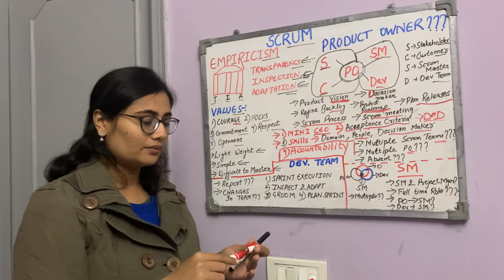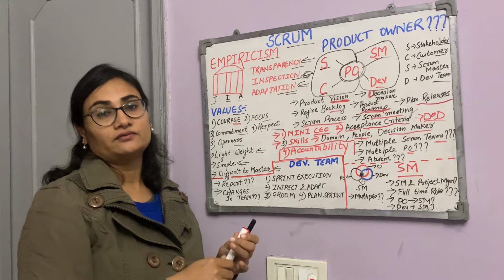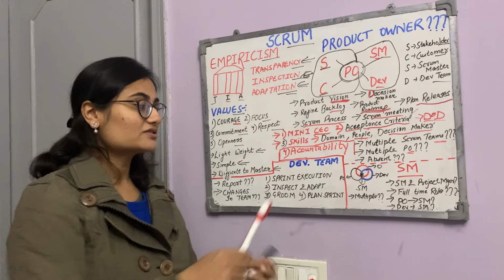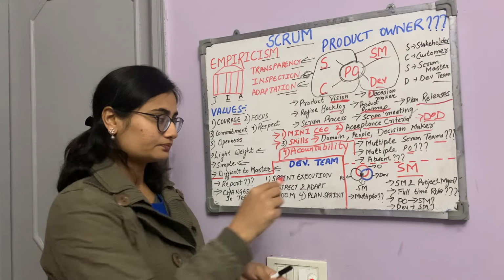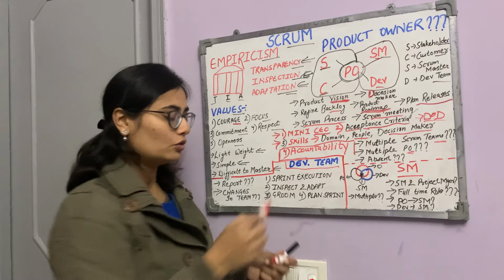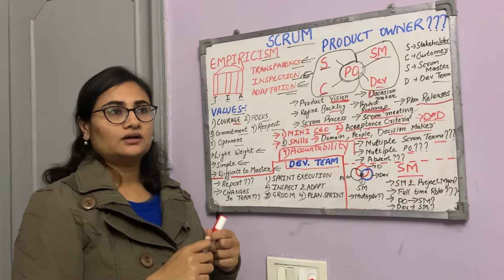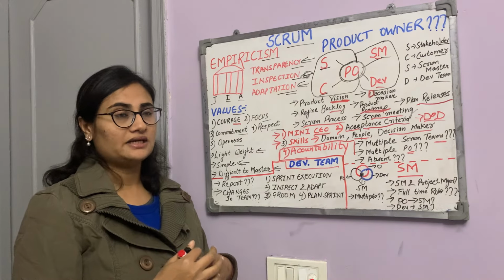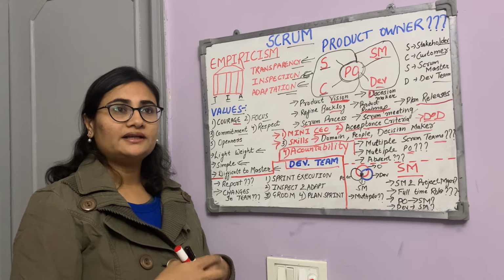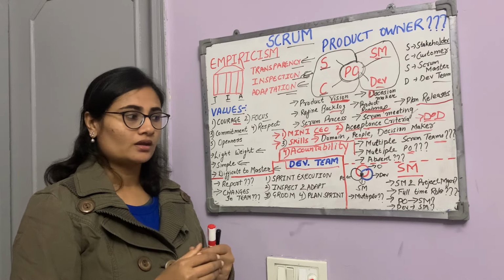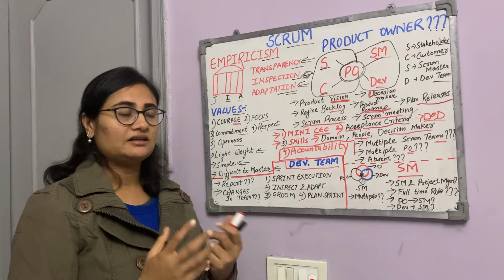Then the second important role which we have in a Scrum is of development team. So firstly, we know development team is cross-functional in nature. Development team is a self-managed team.